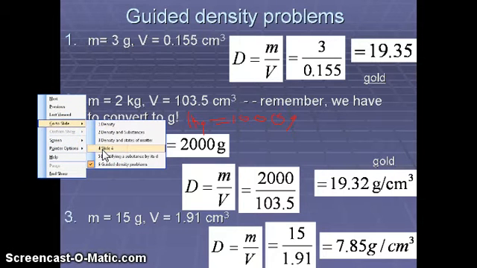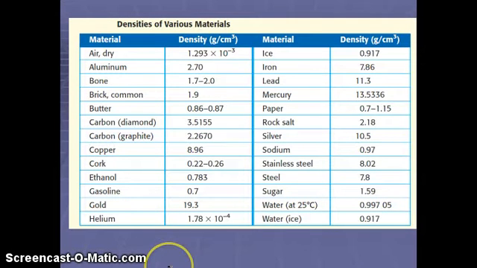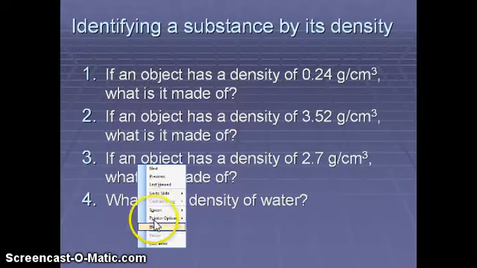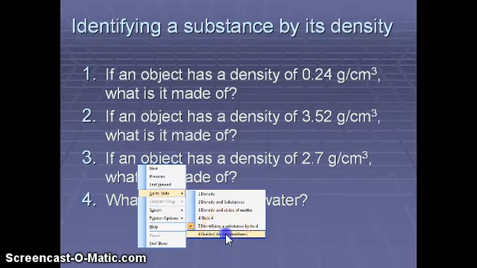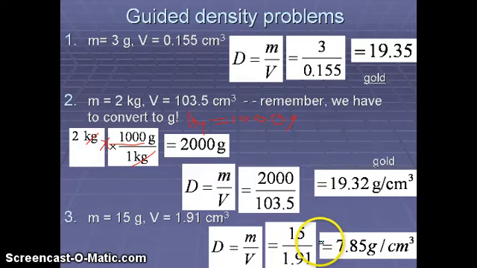Remember that number is 7.85. Any of these close to 7.85? Looks like it's going to be iron. Iron is the closest to that number. And sure enough, we have iron. So I hope you know more about density now.